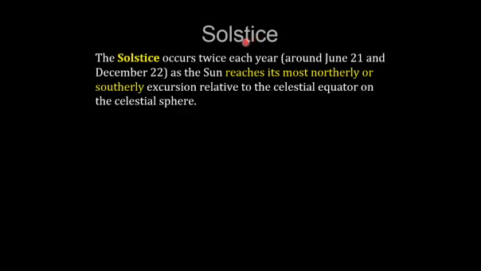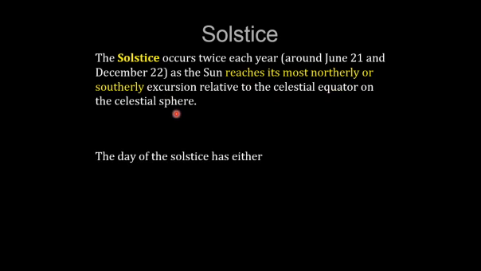So the next term is solstice. So how do you define solstice? It occurs twice each year. It is the point of time at which the sun reaches its most northerly point or most southerly point relative to the celestial equator on the celestial sphere.